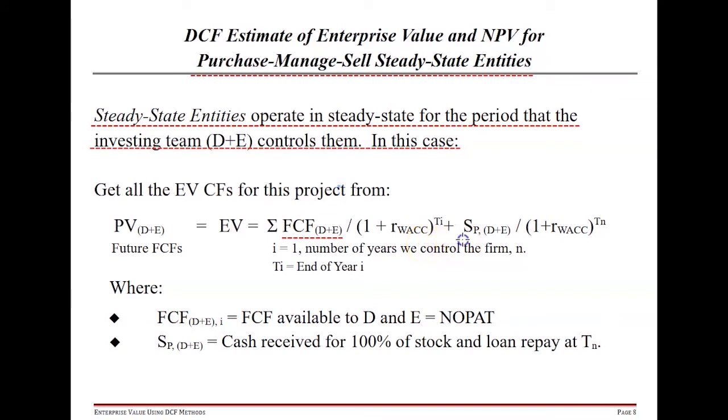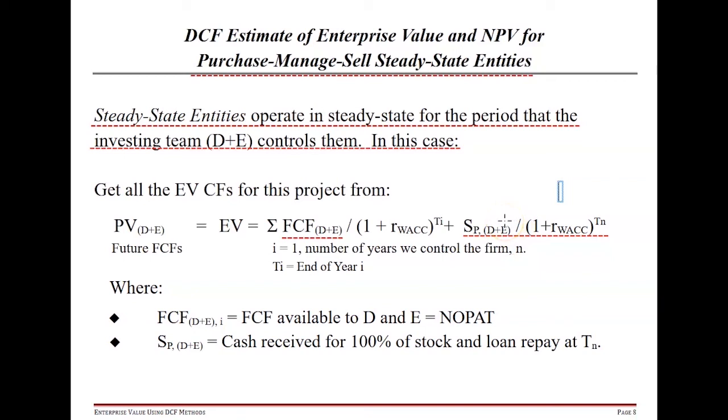Okay, and then our final term for future cash flows that we're going to get out of this as the debt and equity team is what we call SP D plus E. And that's the cash we're going to get when we exit. We're exiting at TN. If we have a 3-year project, N would be 3. So TN would be 3 years. And SP is going to be the cash that we get at that time from what?